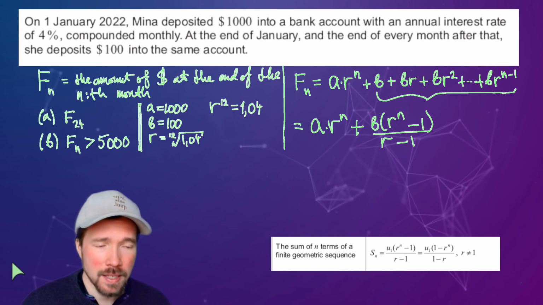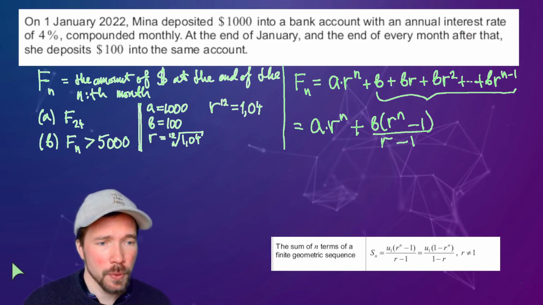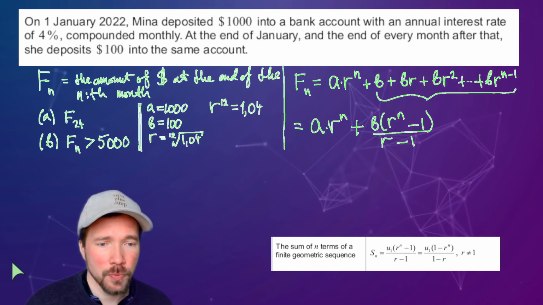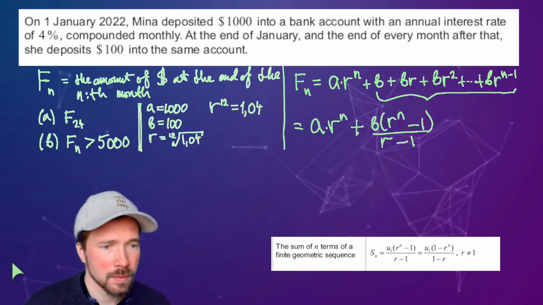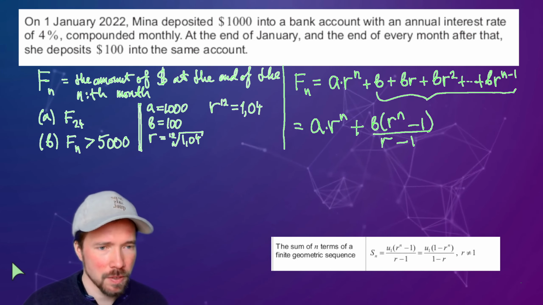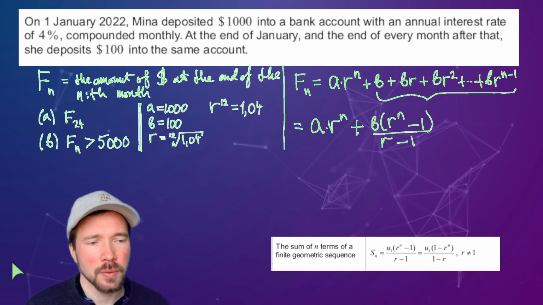That's it. So that's our formula. Now, to answer A, I don't think we need to simplify this more, because we're just going to insert something in place of n, and then we will calculate it.